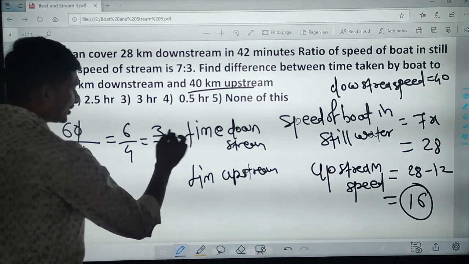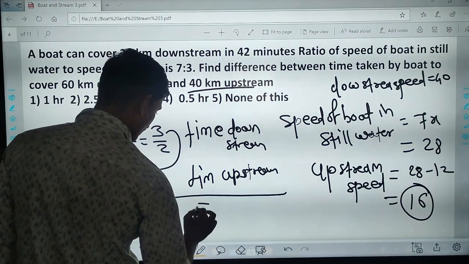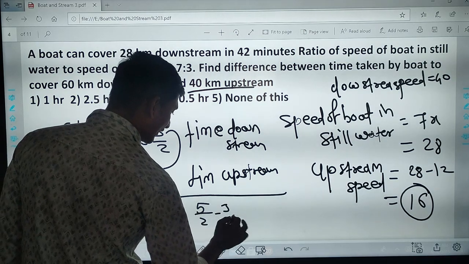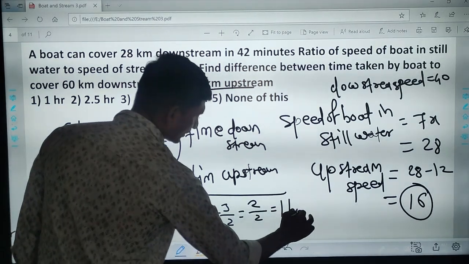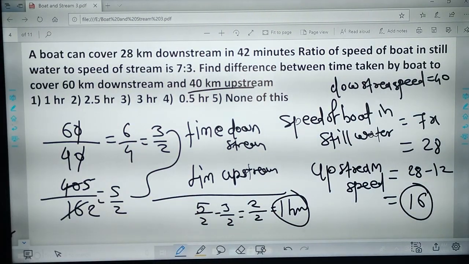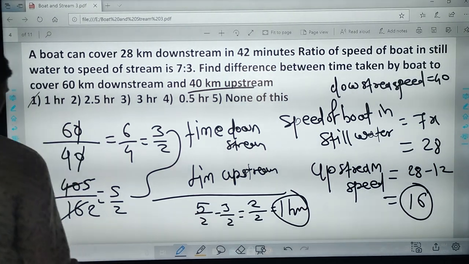Then the difference between these two times is 5 by 2 minus 3 by 2, that is 2 by 2, which means 1 hour. Then the difference between time taken by the boat to cover 60 km downstream and 40 km upstream is 1 hour.